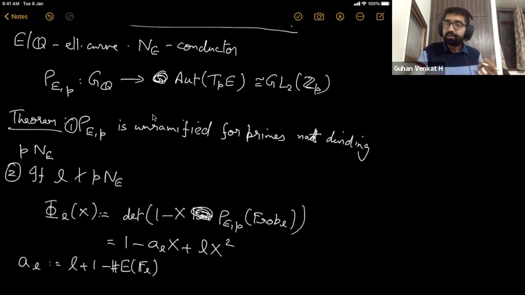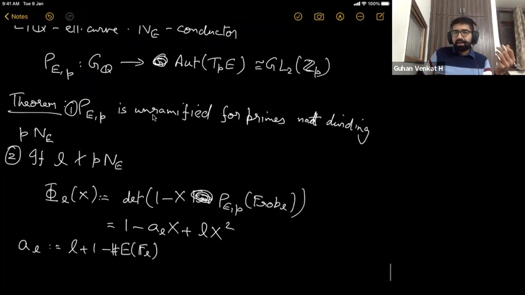I'm pushing a lot of things under the rug. We saw that the elliptic curve is defined by a Weierstrass equation. There's also something called the minimal equation. You can take all the coefficients to be integers, because we're looking at elliptic curves over the rationals.